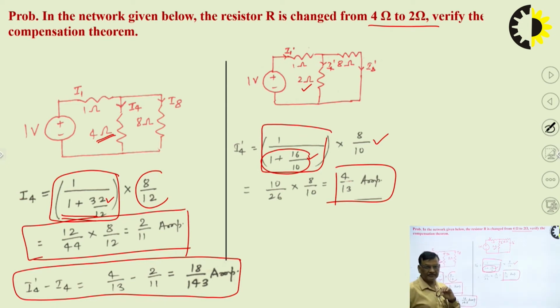So for the verification, what we will do, we draw a circuit equivalent to the compensation theorem. There we inject an EMF in the modified branch. So in this branch we have the VC. VC will be nothing but I4 into delta Z, and we will replace the independent ideal voltage source by its internal impedance.